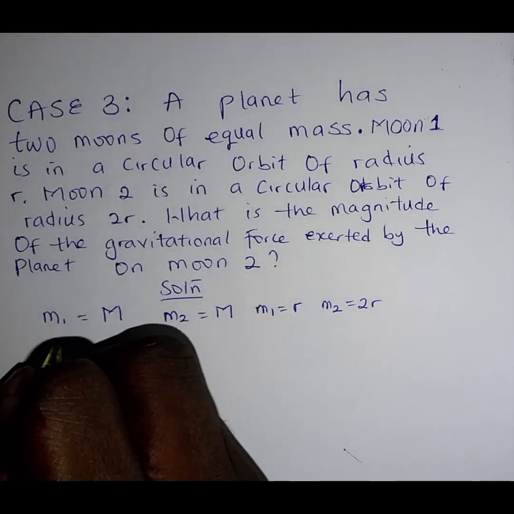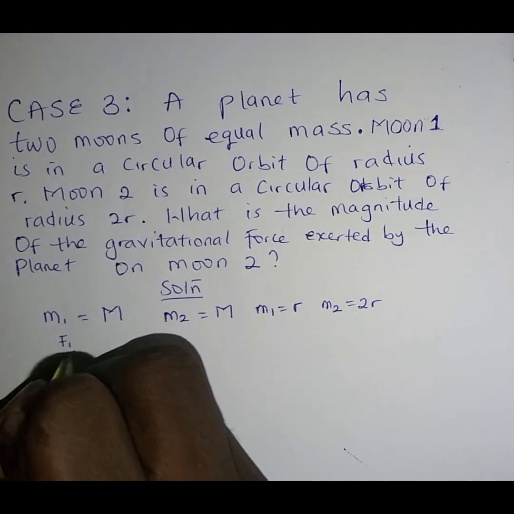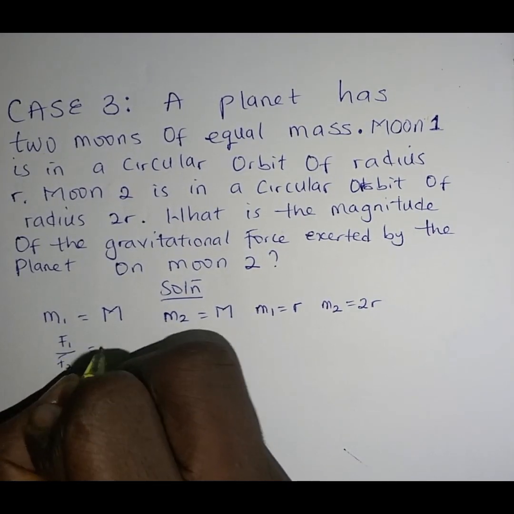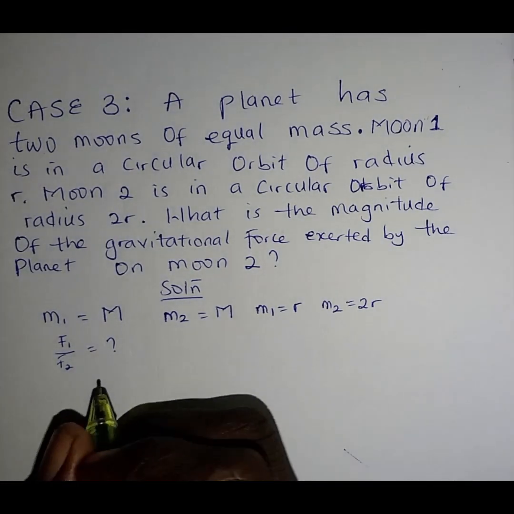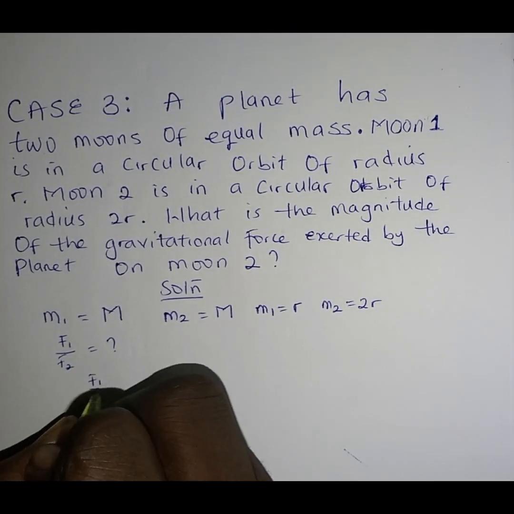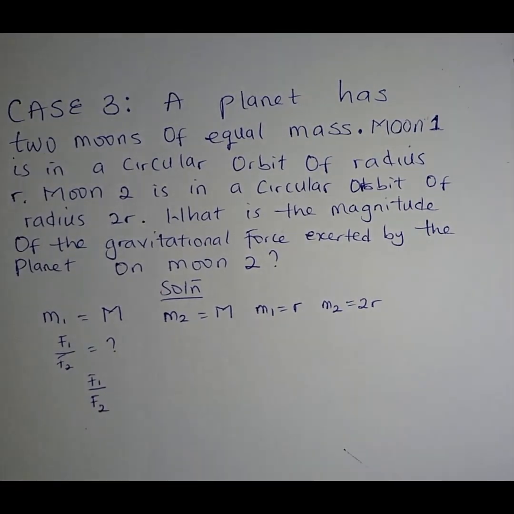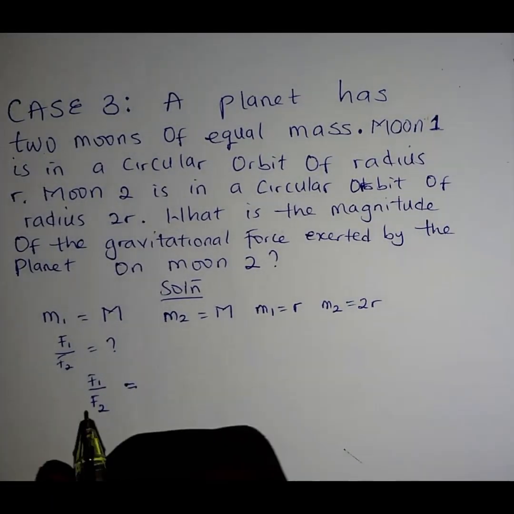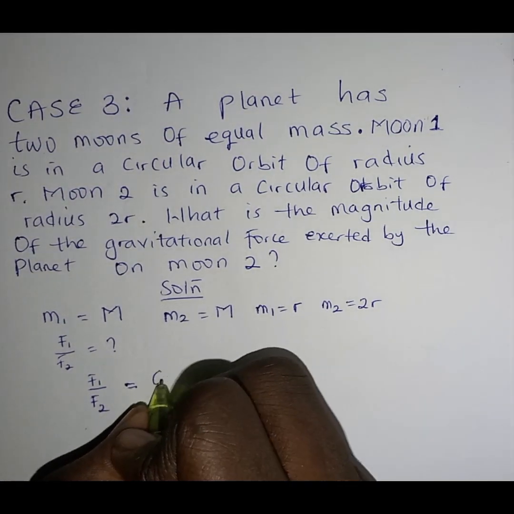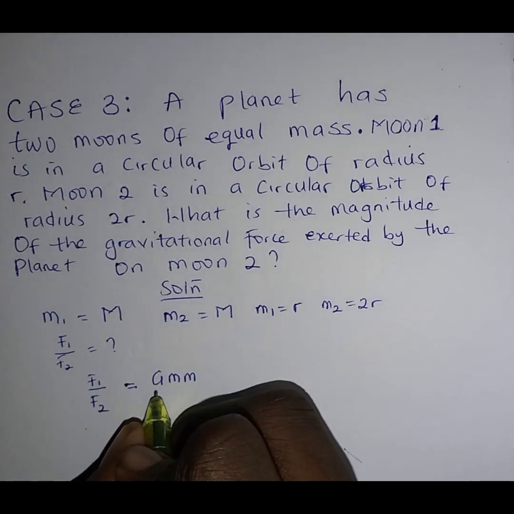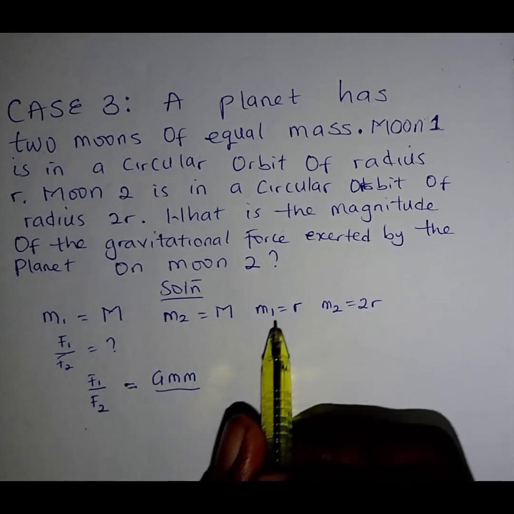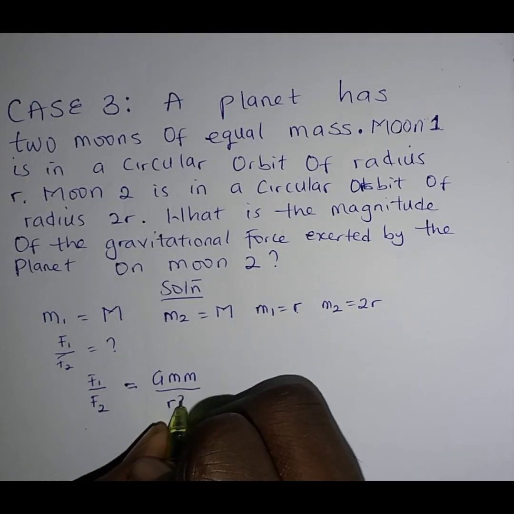So what we are asked to find is F1 in ratio to what? F2. Now, how do we look for this? Very easy. F1 in ratio to F2 will be, now what's the formula for F1? It is Gmm over, now the distance is r, so it will be r square.